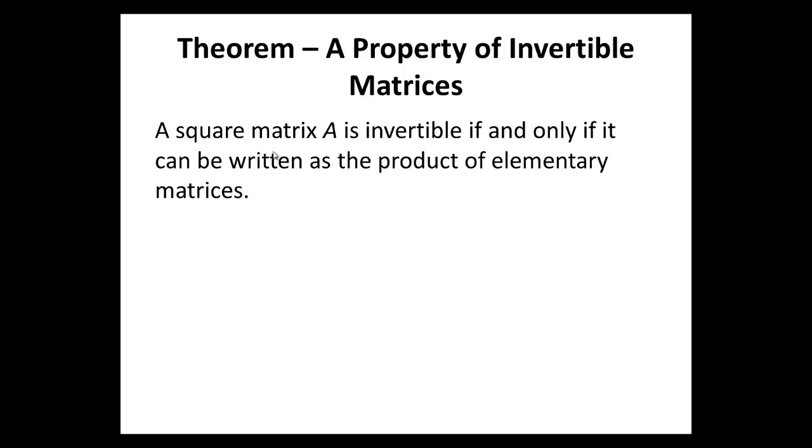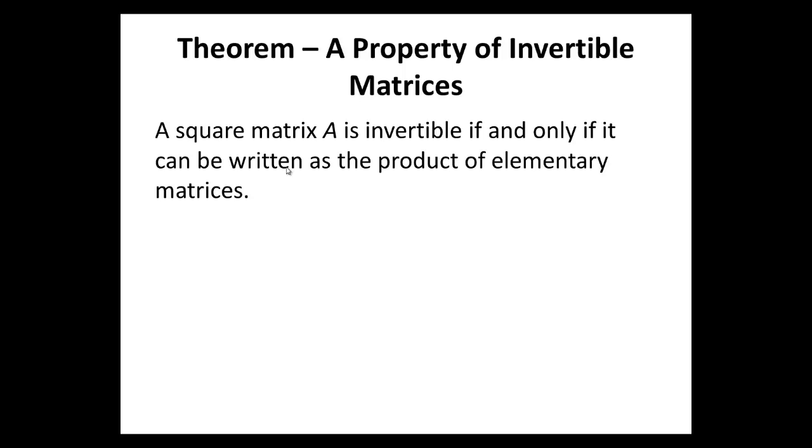A square matrix A is invertible if and only if it can be written as the product of elementary matrices. That is interesting. So A is invertible if and only if we can write A as the product of elementary matrices.